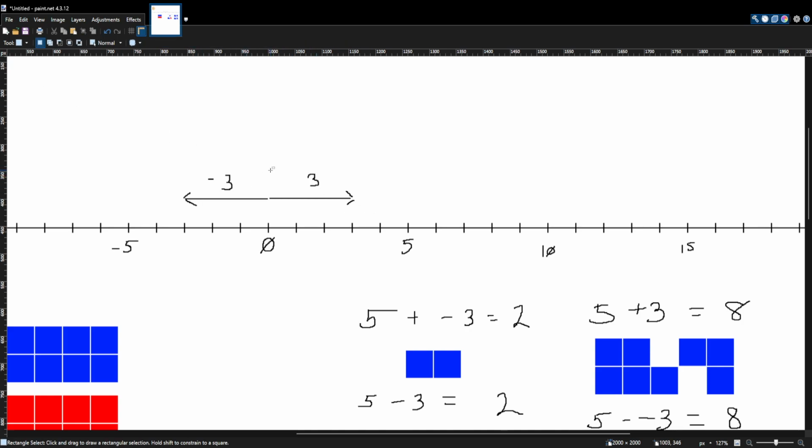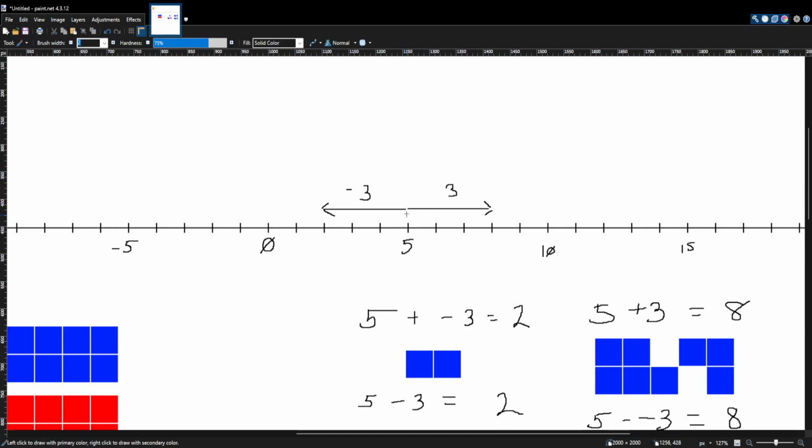If I'm adding a value, I simply take my arrows and move them into position. Adding 3 means I put the base of each arrow at the number I want to start at, and then I move along the arrow to reach 8, or in this case, if I'm adding negative 3, to reach 2.